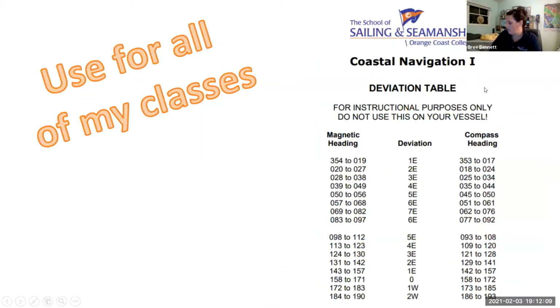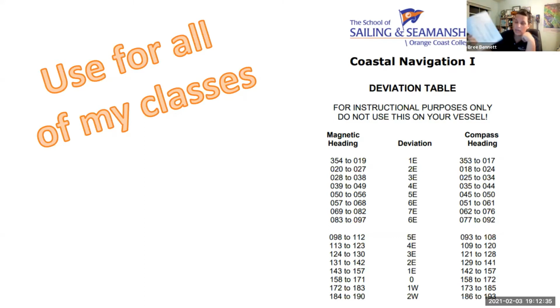In this class, we are going to use, hopefully you guys have got this printed out or it was mailed to you in the packet, our CoNav1 deviation table. We are going to use this for CoNav1, CoNav2, Celestial, any of the classes that I'm teaching.